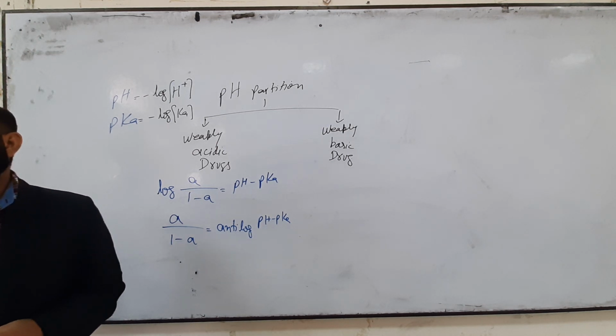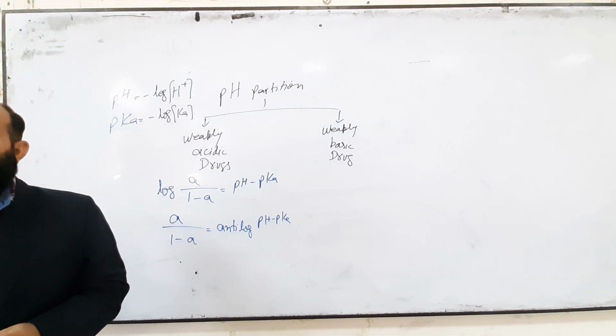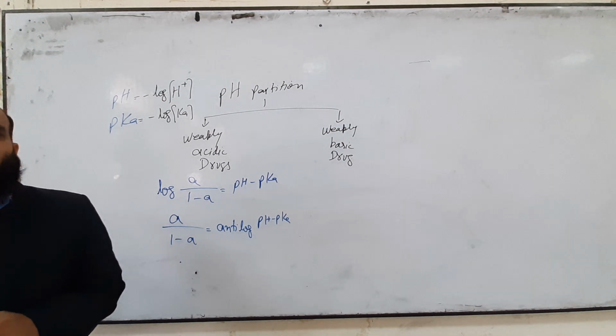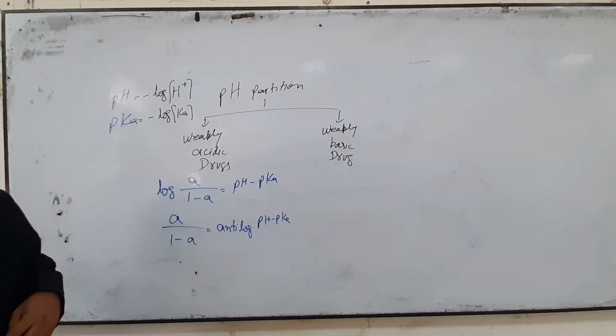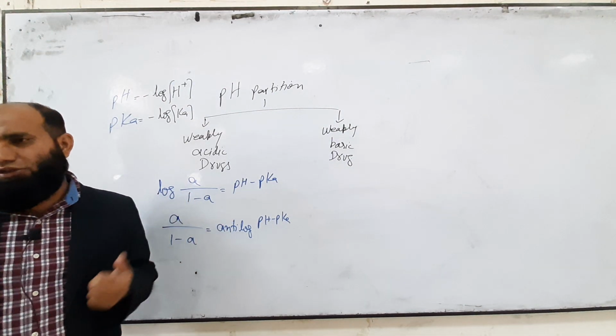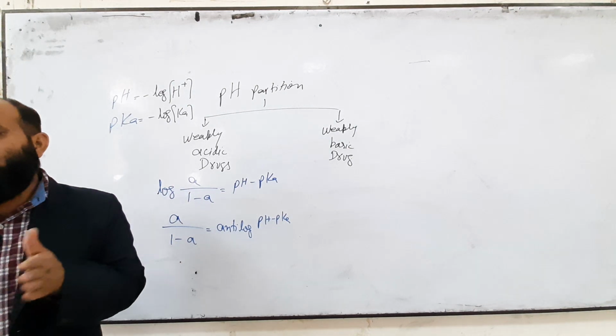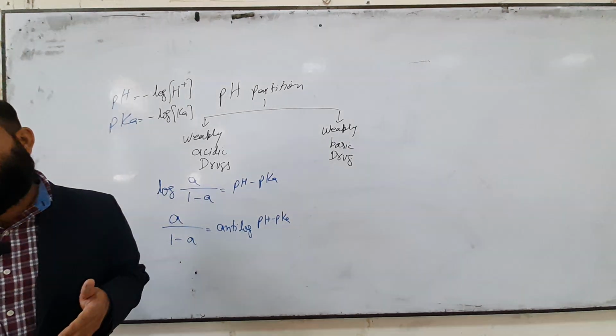We are studying this because the drug gets converted into the ionized form, and this ionization depends on the pH of our medium. Particularly when we take the drug orally, we have different mediums in our whole GI tract.